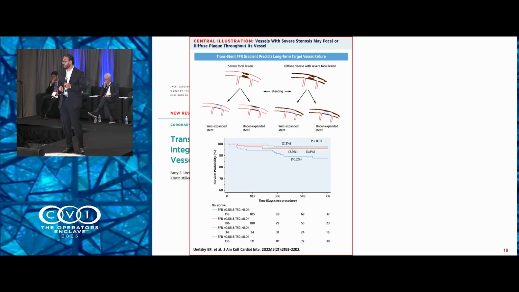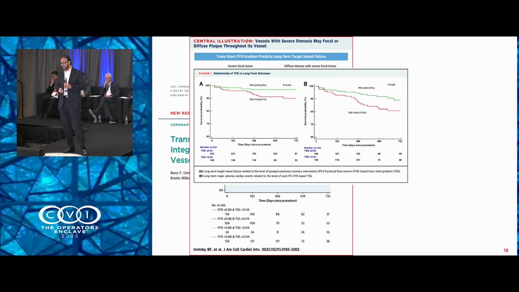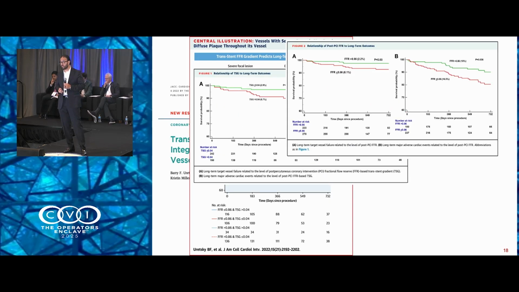How does that relate to outcomes? Well, it does have hard outcomes, as seen by the work by Barry Uretsky. Having gradients within the stent itself, or even scoring an FFR value that is less than 0.84, was linked to worse outcomes in the long term. So there is benefit and utilization of physiology in post-PCI settings.